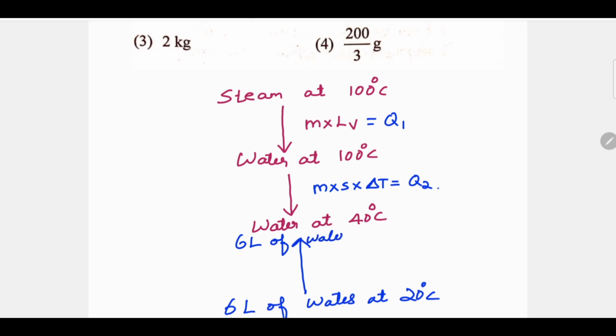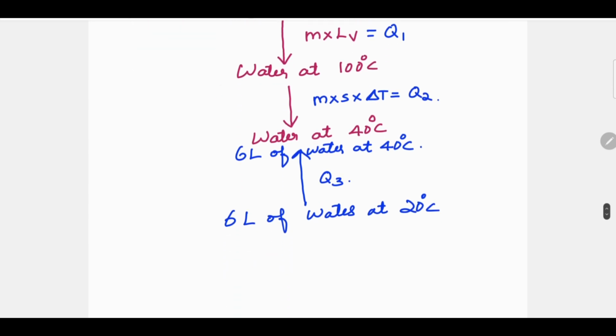Let that heat be Q3. So according to the calorimetry principle, we can straight away write Q1 plus Q2 should be equal to Q3. Heat lost by a hot body is equal to heat gained by a cold body.